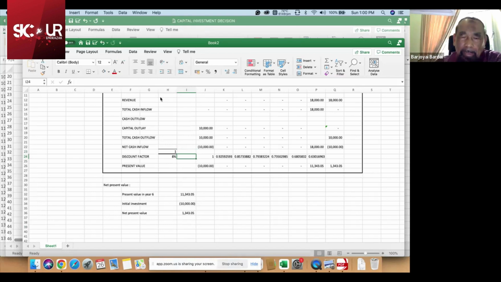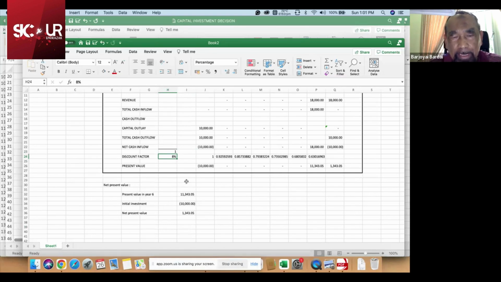Basically we can calculate the yield of the bond, and we'll calculate the yield of the bond by varying the discount rate until this net present value becomes 0.